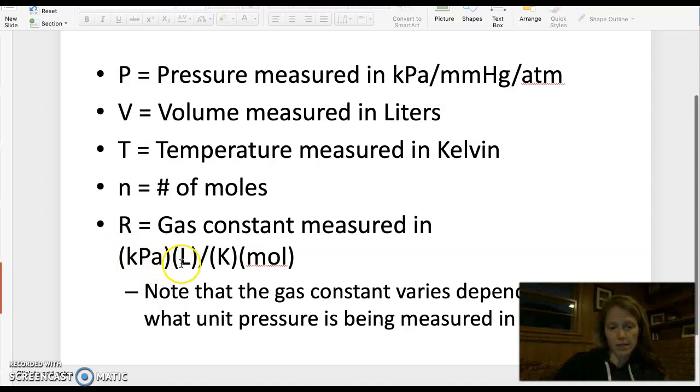It's kilopascals times liters per Kelvin times moles, and that unit varies depending on what unit you're measuring pressure in. So it just kind of depends on the circumstances. And later on, you'll watch a Khan Academy video that's all about using the ideal gas law, and there'll be a little bit more explanation about that constant R.